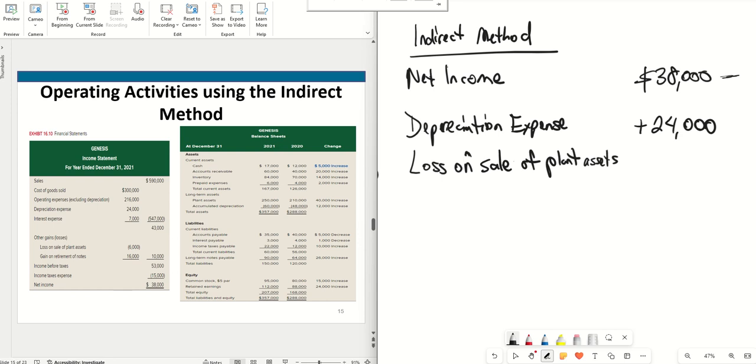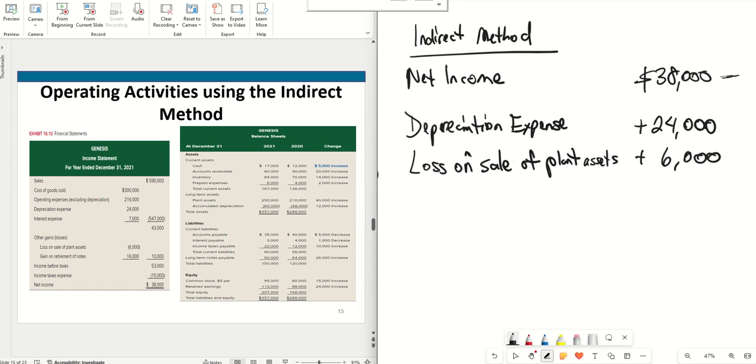In the additional information, it says sold plant assets with a book value of $8,000, the original cost of it was $20,000 with accumulated depreciation of $12,000, for $2,000 cash, yielding a $6,000 loss. That loss did affect the bottom line of $38,000 in net income. So we're going to have to add back that loss of $6,000. It affected the bottom line, but it is a non-cash item here.